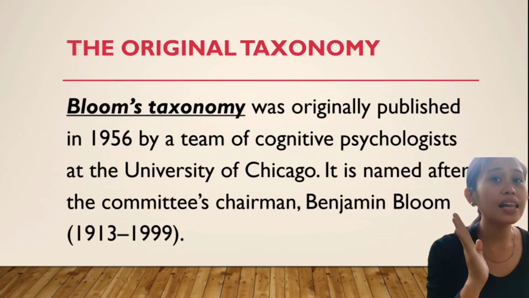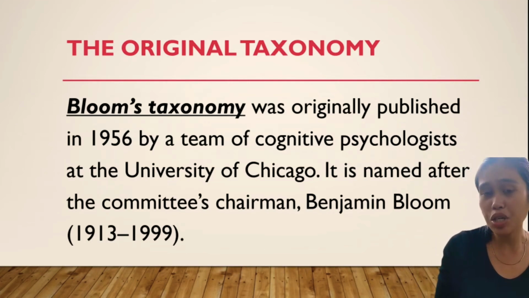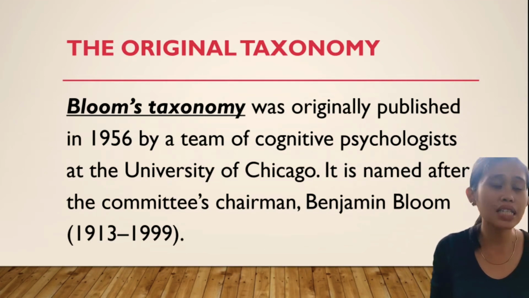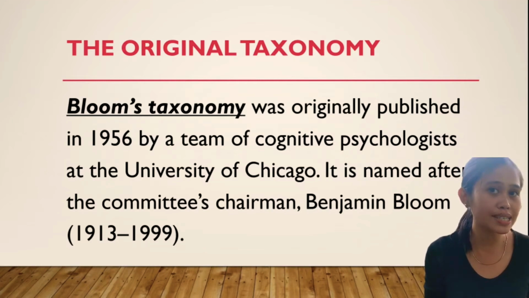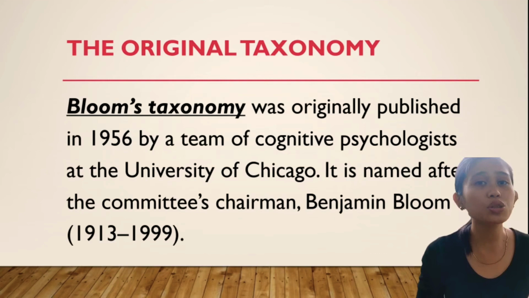The original taxonomy. Bloom's taxonomy was originally published in 1956 by a team of cognitive psychologists at the University of Chicago. It is named after the committee's chairman, Benjamin Bloom, 1913 to 1999.